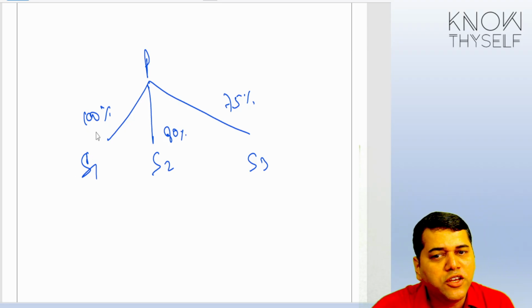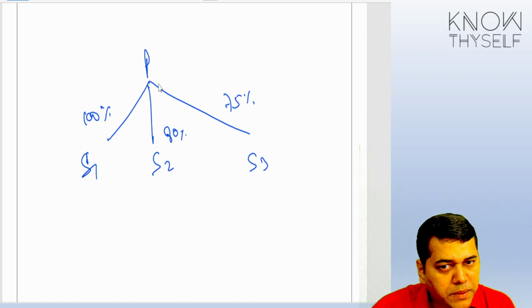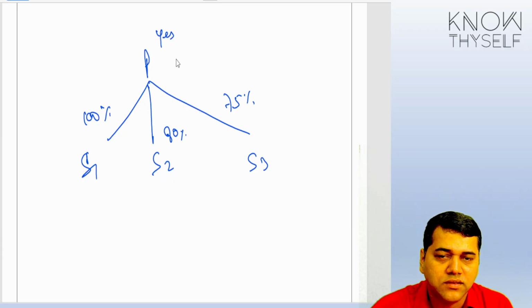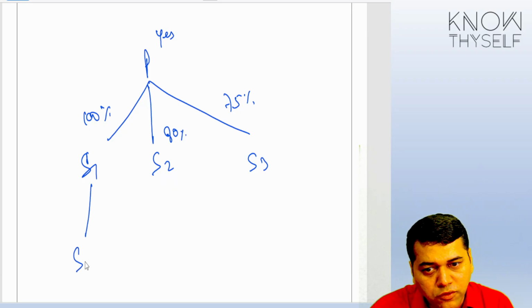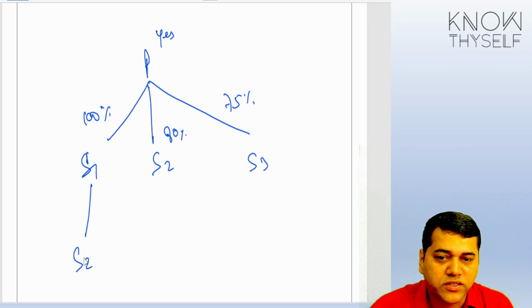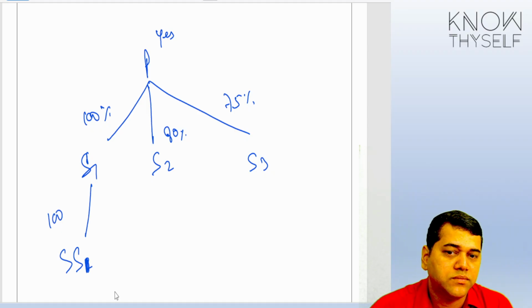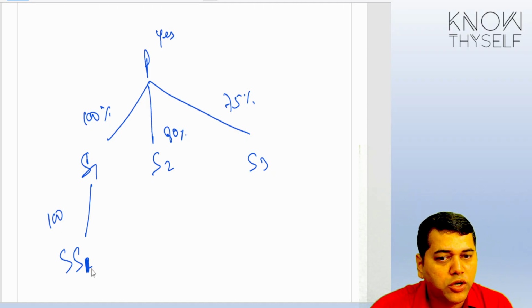Now, in this case, I need not bother. The first question comes: should I prepare CFS? The answer is yes. Now, one more question comes: what if subsidiary number 3 has a sub-subsidiary, and they are holding 100%?